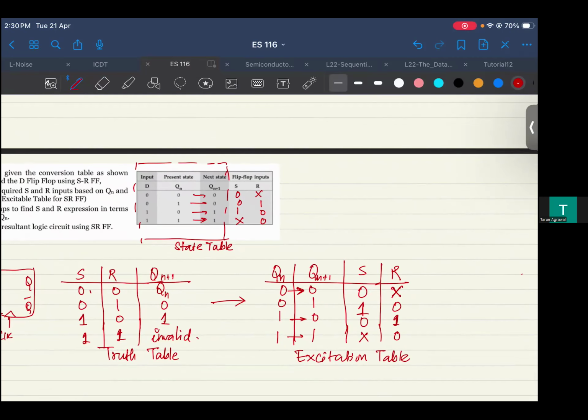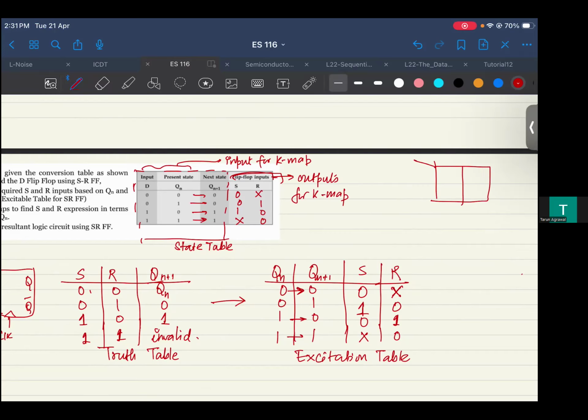So these are the two inputs for the K map, right? Because based on this, and these are the two outputs. So then we are building, let's say, S first.